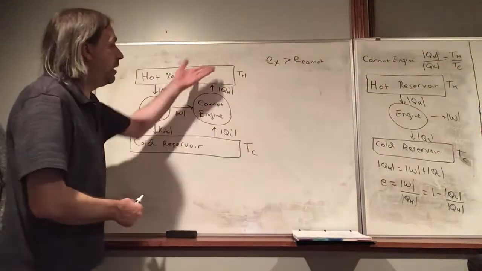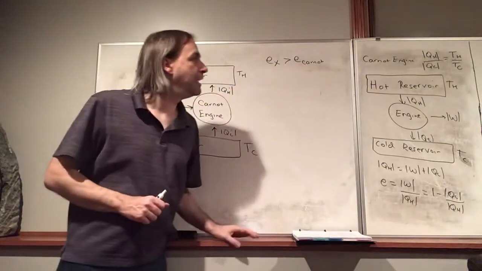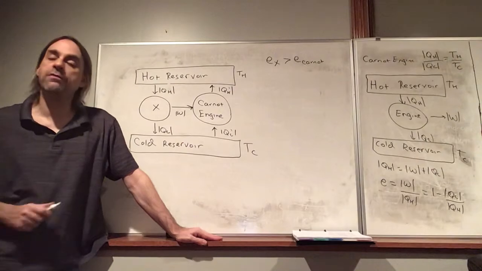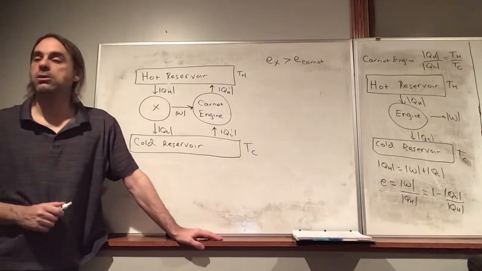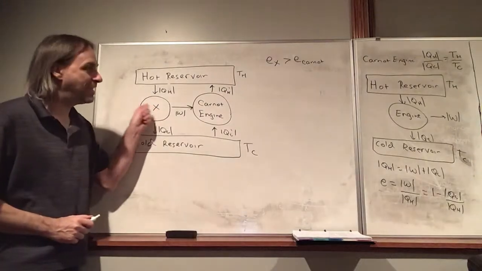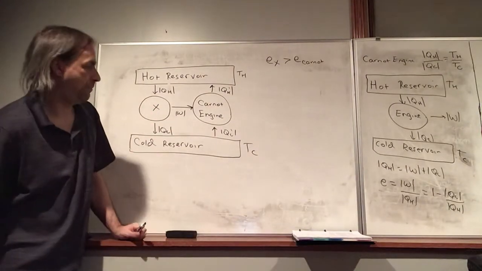So again, we have these two reservoirs. We know what the efficiency of a Carnot engine is. So let's say we build an engine that is more efficient than a Carnot engine. And let's just see what would happen. We're going to use this engine to drive this Carnot engine in reverse.